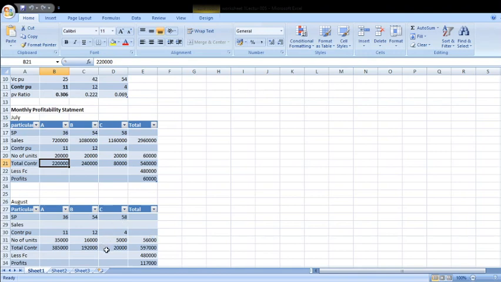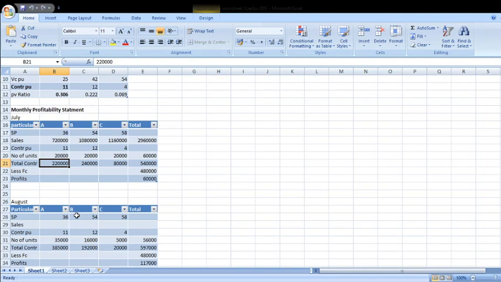What we really want is the total contribution, and deduct it from fixed cost. Fixed cost is not going to change. So what is really going to change profit is the contribution earned in the month of August. Please compute the contribution, 11 per unit into 35,000 units.